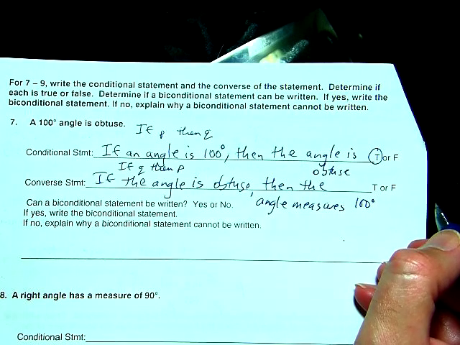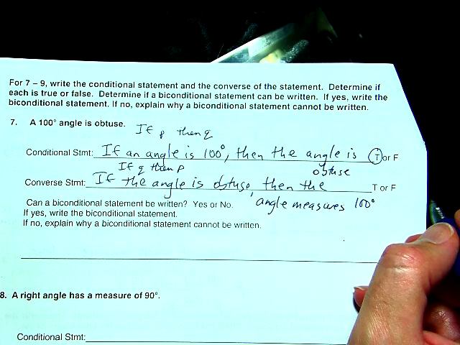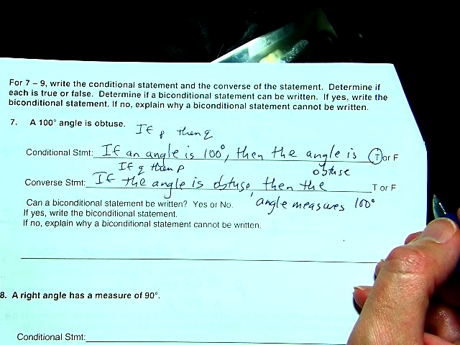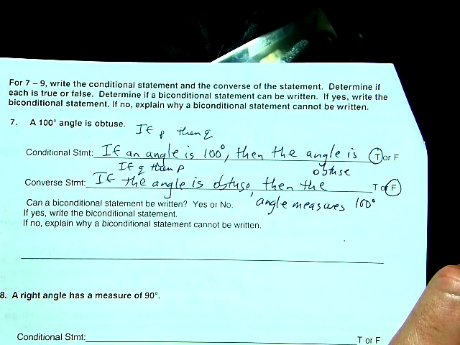Well, is that true? If an angle is obtuse, does it measure 100 degrees? Well, occasionally it might, but as a general statement, that's false. So that is not a true statement. Obtuse angles could measure lots of things other than 100 degrees.